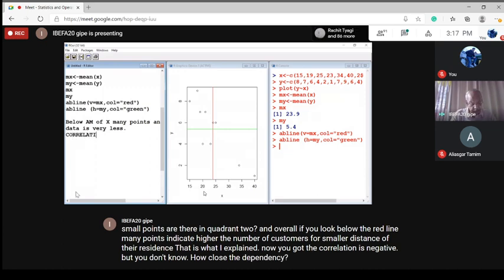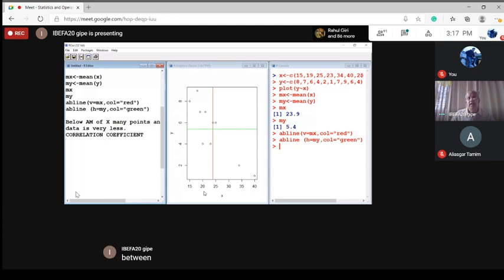The closeness between the variables is called the correlation coefficient.